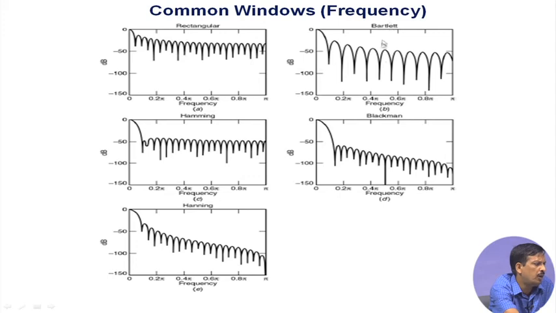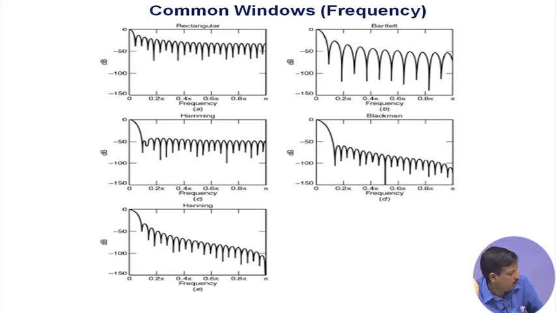The Blackman window frequency response is like this, the Hamming window this, the Hanning window this. In most cases we use the Hanning window because the ripple is very small. So, different window functions have different kinds of frequency response. This frequency response will be combined with the frequency response of the signal passed through the filter.